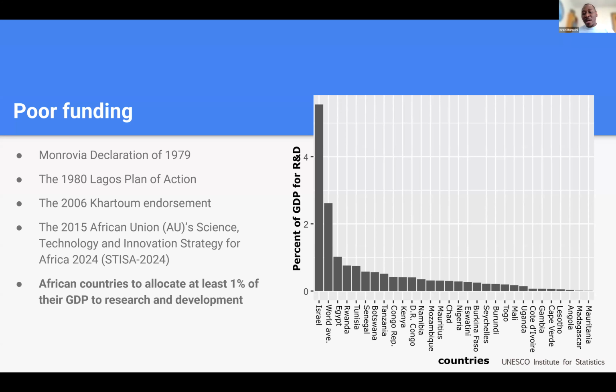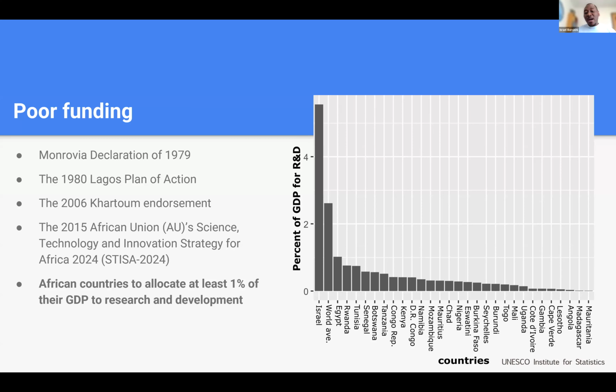And you can see on the bar graph to the right of the slide that only one country has been able to commit 1% of their GDP to R&D in Africa, which is Egypt. The rest of the continent is being extremely, awfully slow.